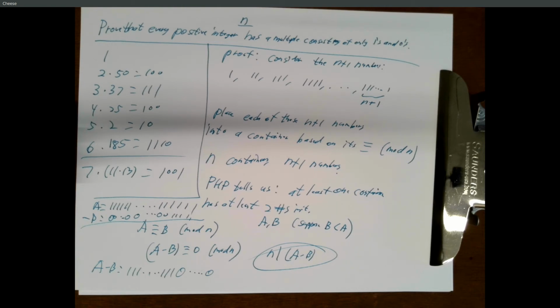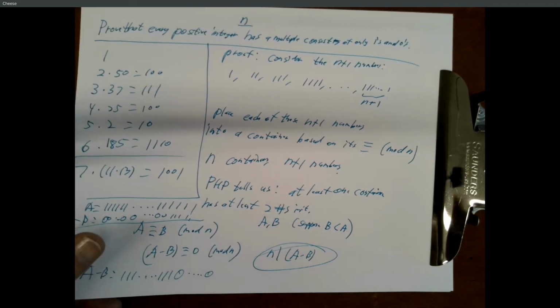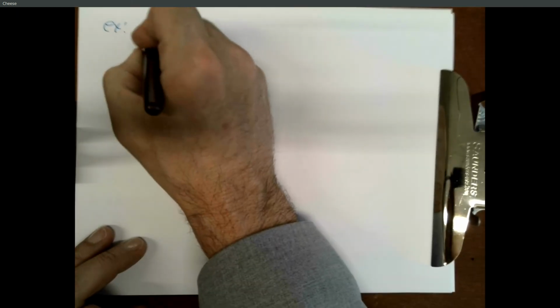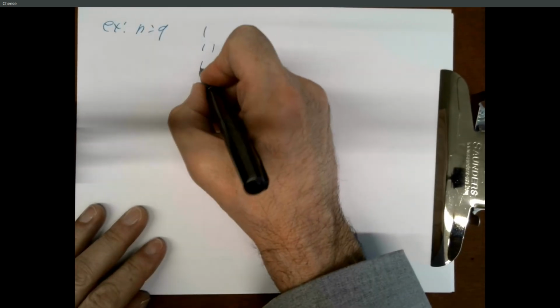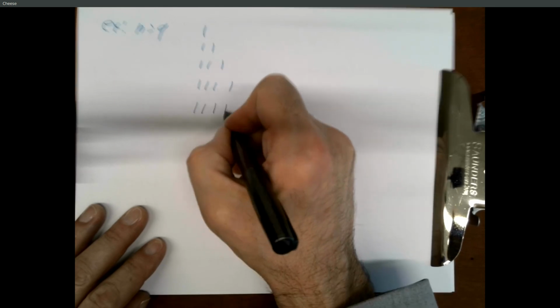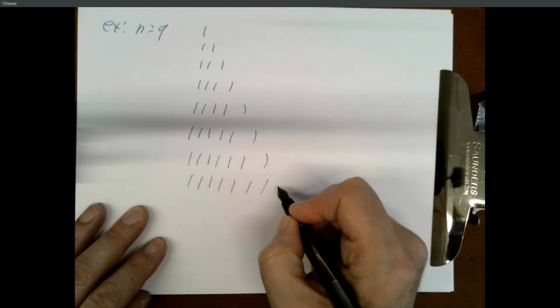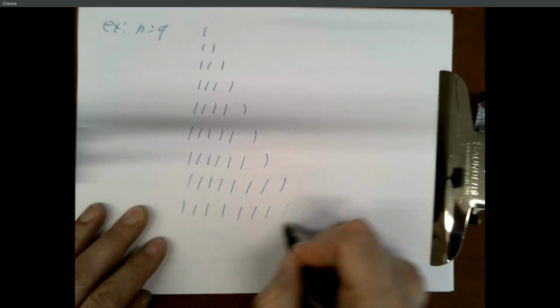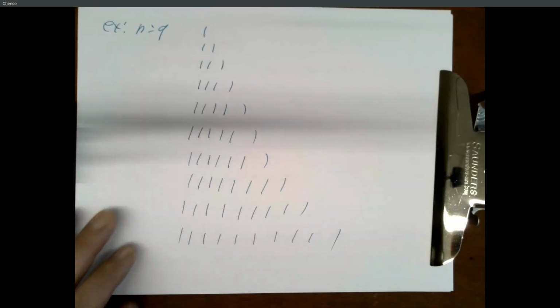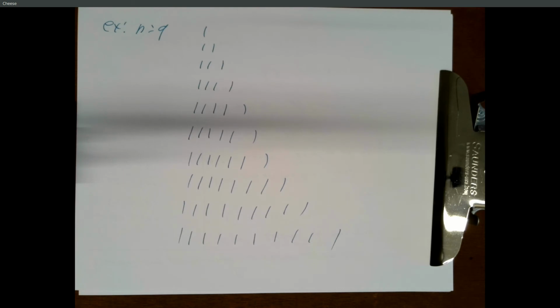So let's say we wanted to do this for the number 9. So let's suppose n is equal to 9. So I'm going to take the following numbers, 1, 11, 111, and so on, 10 numbers.